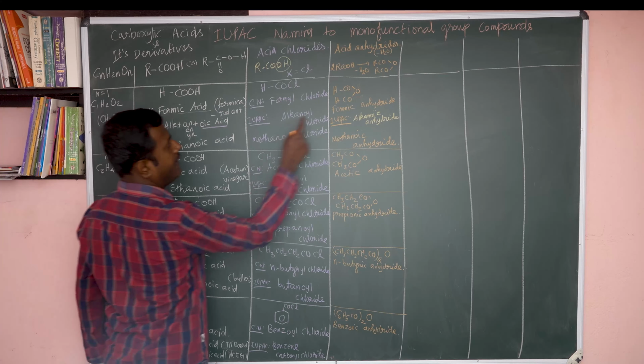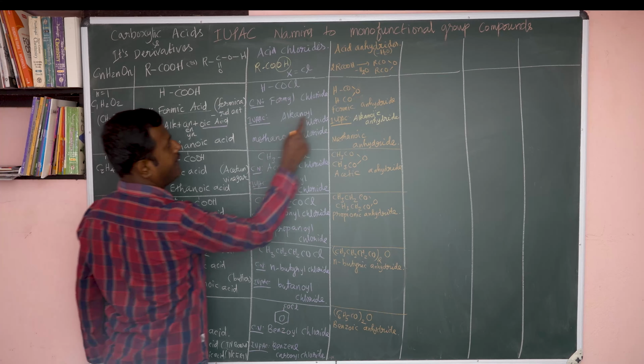And for acetic, the IUPAC name is ethanoic. Acetic acid is ethanoic acid, so ethanoic anhydride. So this is the IUPAC name. And for propionic anhydride, the IUPAC name will be propanoic anhydride. Spelling should be correct.